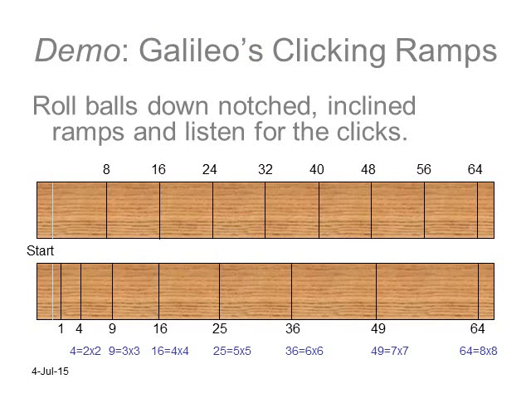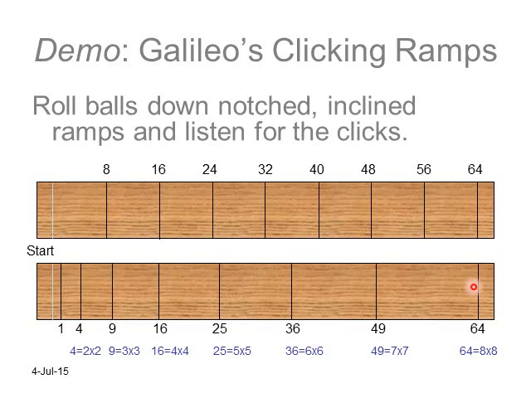All right, so Galileo actually made these things called clicking ramps. What he found out was that on this bottom ramp, the clicks are the same time distance apart. If you were to roll a ball, this side of the incline is up, and we're going to roll a ball this way. These clicks come with the same timing apart.